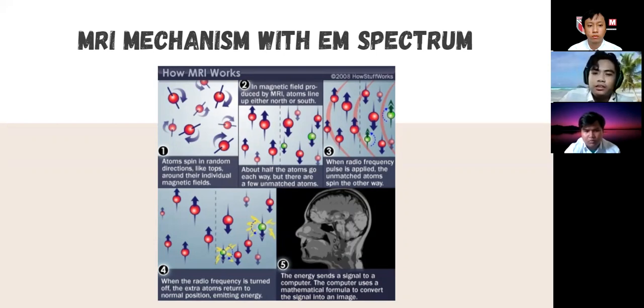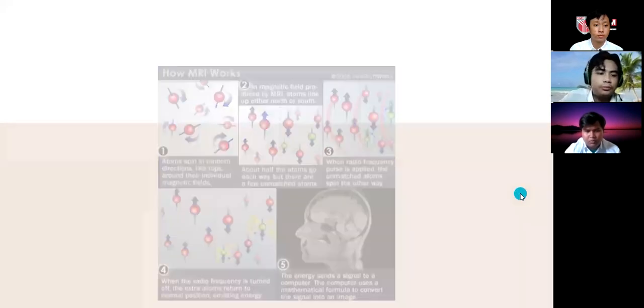In this relaxation time, they emit energy, and the energy is received by the computer, and the computer uses a Fourier transform to change it into an image. I will pass to Bimo next.